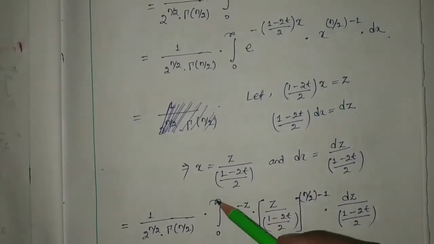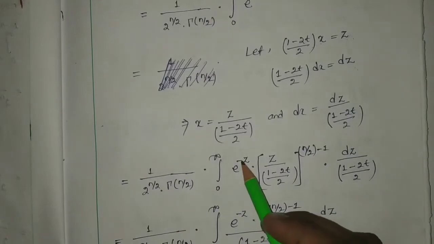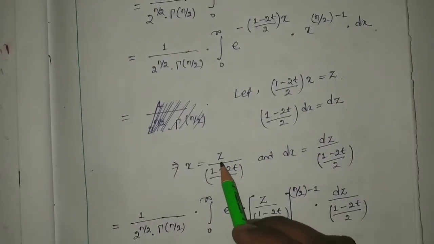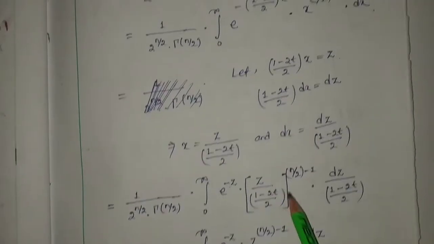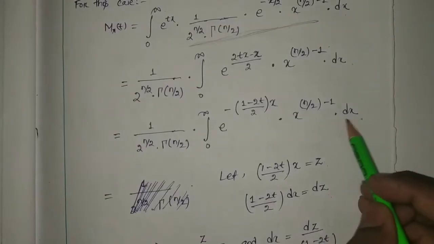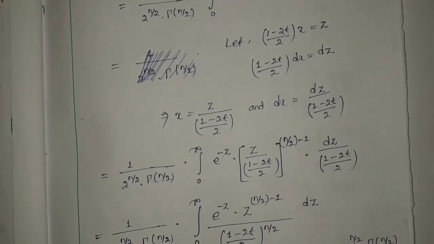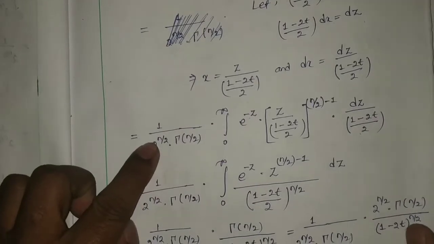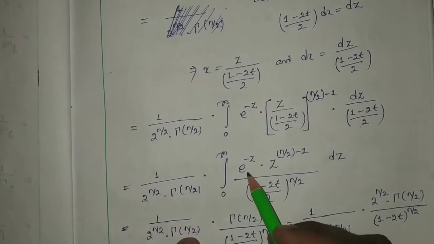Here this will be z, e to the power minus z, and x will be nothing but z by this much, so z by this much to the power n by 2 minus 1, and dx is nothing but dz by this much. Okay, very simple. So this constant is written as such, 0 to infinity, e to the power minus z.